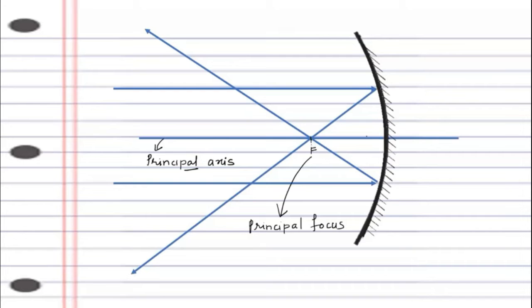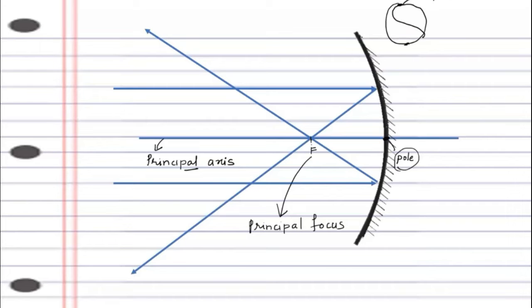And after that, the center of this mirror is called the pole, the pole of the mirror. And why is it called pole? Generally, where we make a pole, if there is a sphere, these two points are treated as poles.